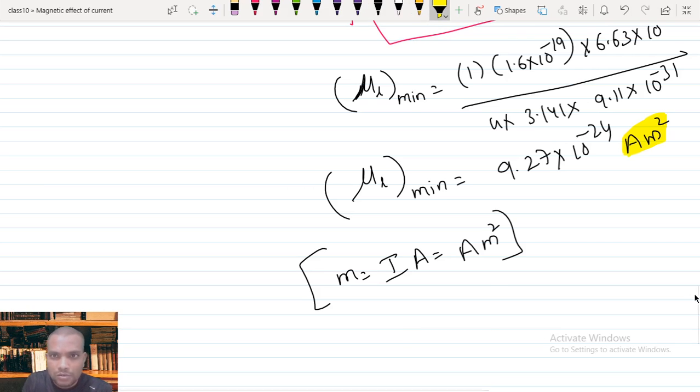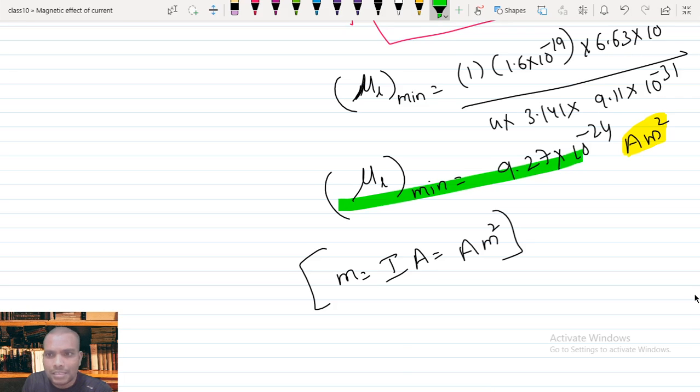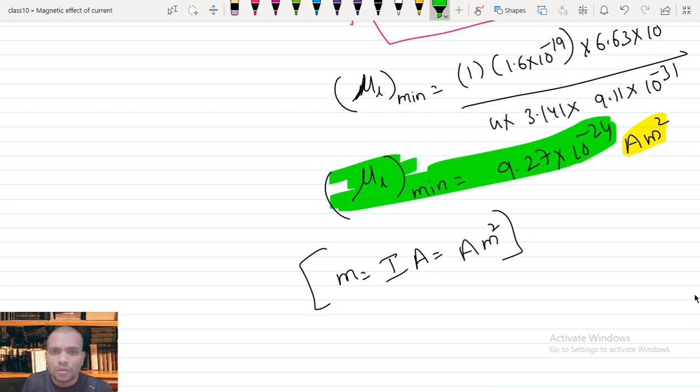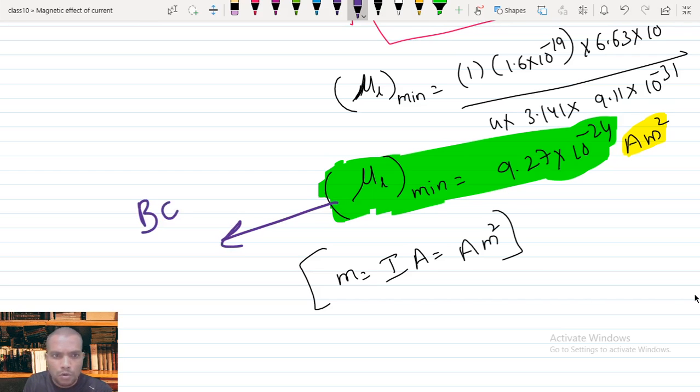I forgot to say that this value is known as the Bohr magneton. We will again come across this same concept in the coming chapter on atomic structure, where we can talk about it in detail. But right now, I can say this is known as the Bohr magneton.